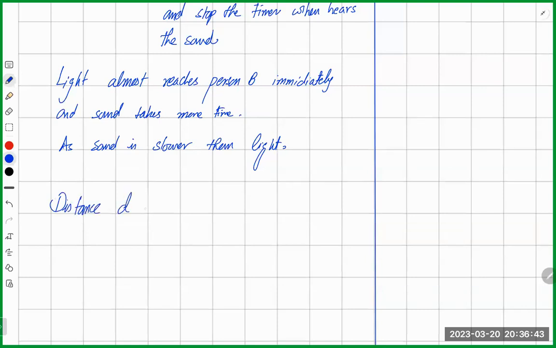Distance D can be measured using measuring tape.